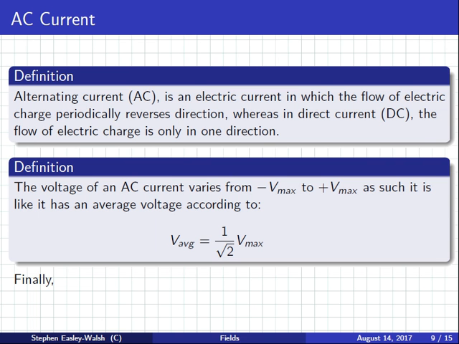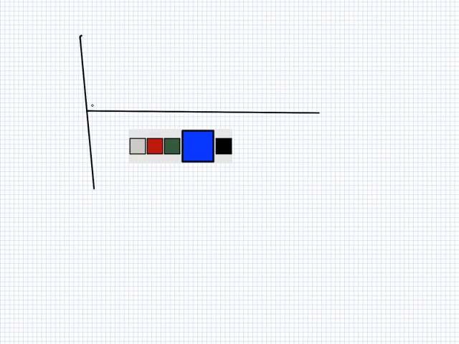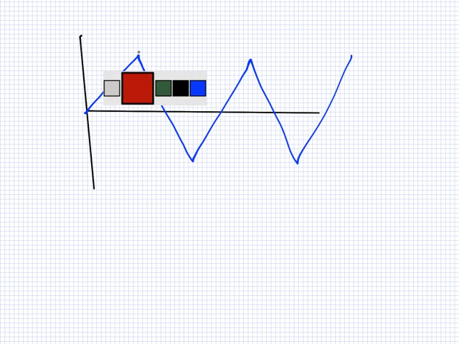And if you're wondering, a rough reason I can give you is why root 2 and not 2? Well, you would only use 2 if the graph was like this. If you had a voltage graph which looked like this, then the average of the maximum and 0 would be exactly halfway in the middle, since it's linear.